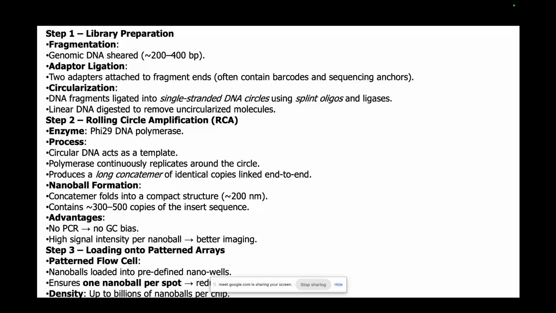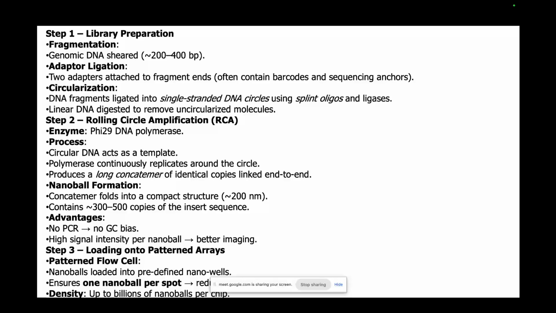So there you have this enzyme from a phage. I don't think I remember exactly which phage, but this comes from a bacteriophage. So this is a phi29 DNA polymerase. The circular DNA will act as a template, and the polymerase will continue to replicate along that circle. I don't know if you have read about plasmids and other circular types of DNA, how they are replicated.